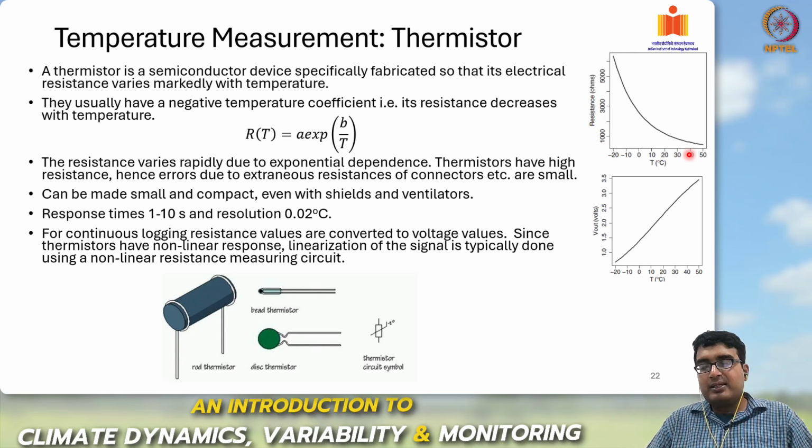We will not discuss how that circuit is made, but it creates a linear voltage response to the nonlinear resistance input. So, if the resistance is going like this, you see the voltage is increasing more or less in a linear fashion. Okay. So, that is what a thermistor is.